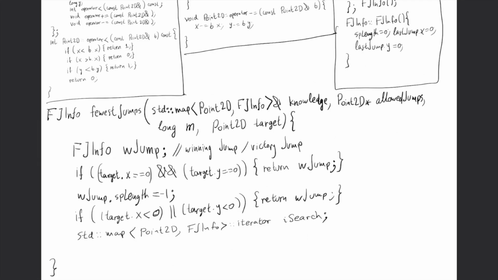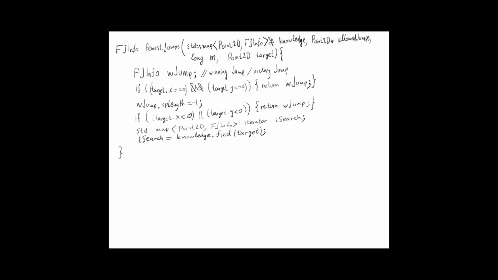We declare an iterator that we will use to search for this point target in our map. iSearch is a knowledge find target. We'll now take this to a new page.